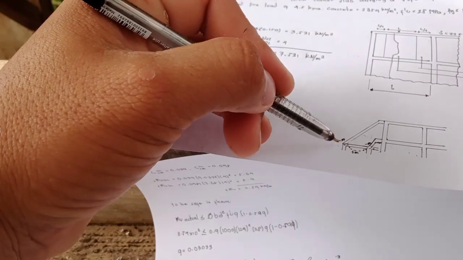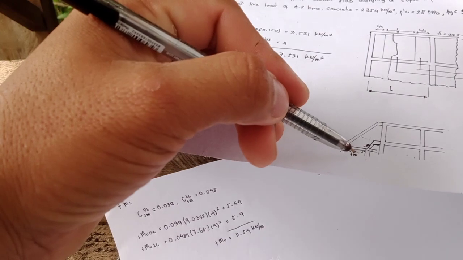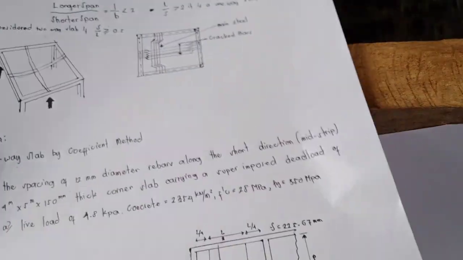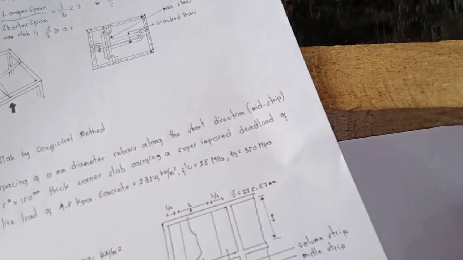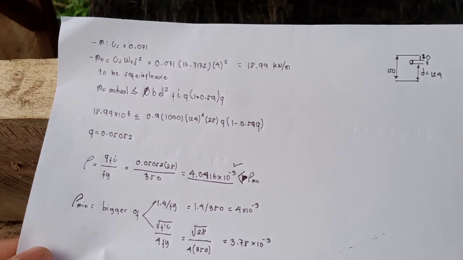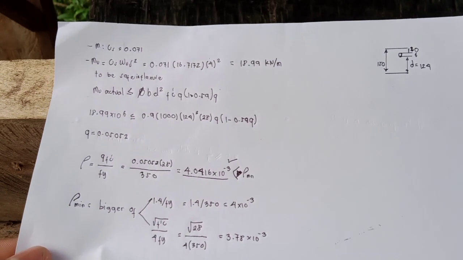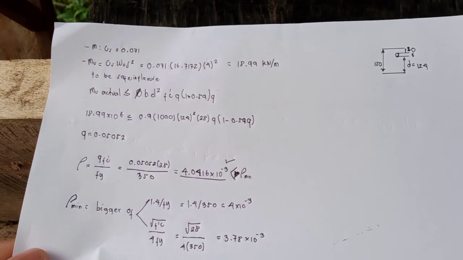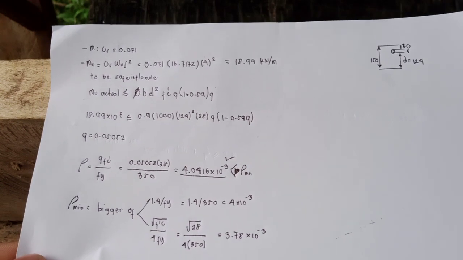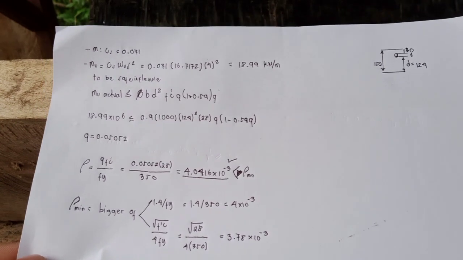In this bend, we have a positive moment and a negative moment. To solve the negative moment, we can use our table of coefficient moments. We have a table, but I will send it later.